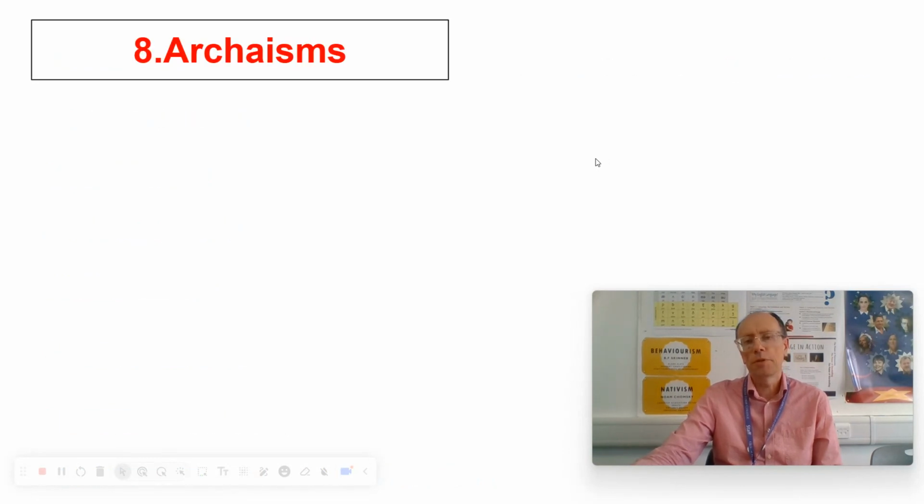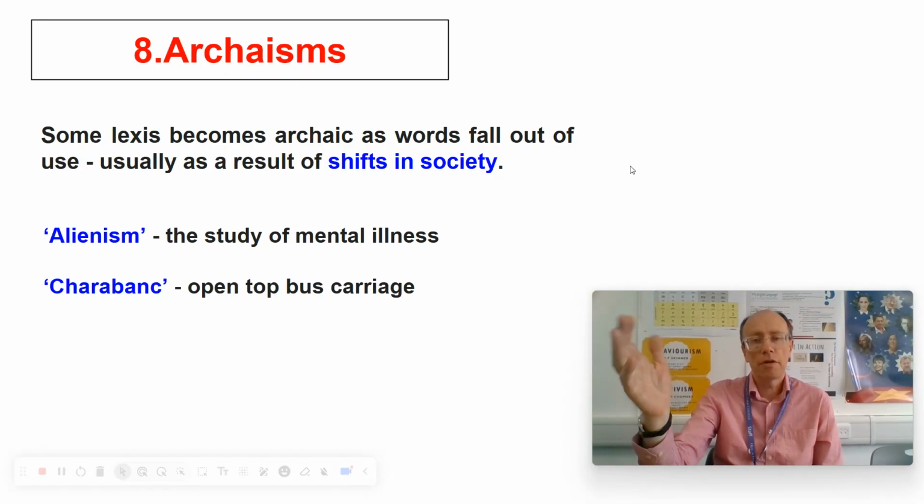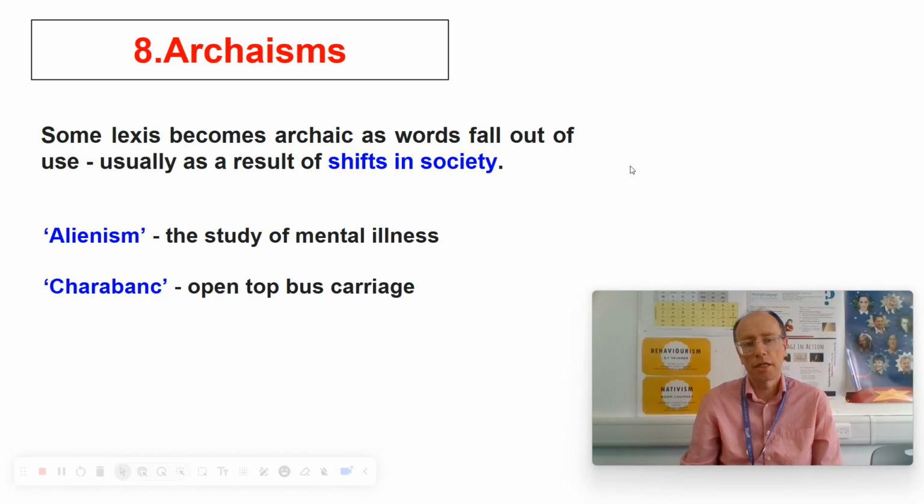Now, I suppose the opposite of that are archaisms. So archaisms are words that fall out of use, and this usually happens as a result of shifts in attitudes in society. Here are a couple of examples that are mentioned in the AQA textbook. We have alienism, the study of mental illness.